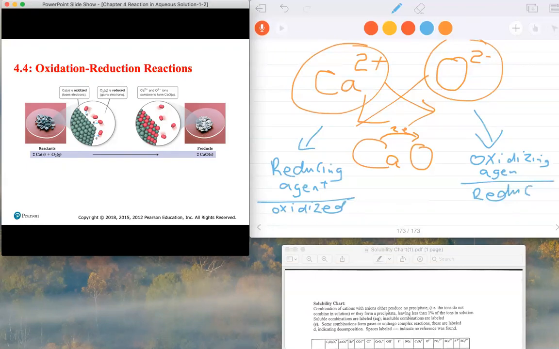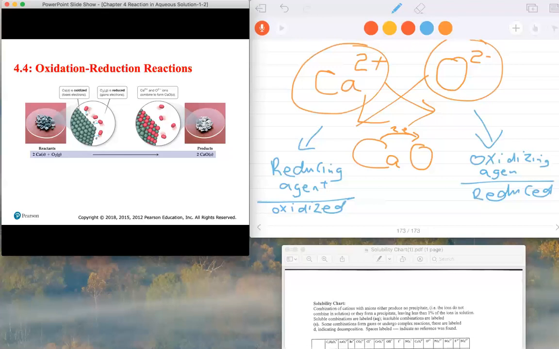It's the opposite. I don't know, that's how it is. You use reducing and then oxidized. Oxidizing, it is reduced. So right here, calcium is oxidized and it is the reducing agent. It's donating electrons. If reduction is addition of electrons, the one adding electrons is the reducing agent.